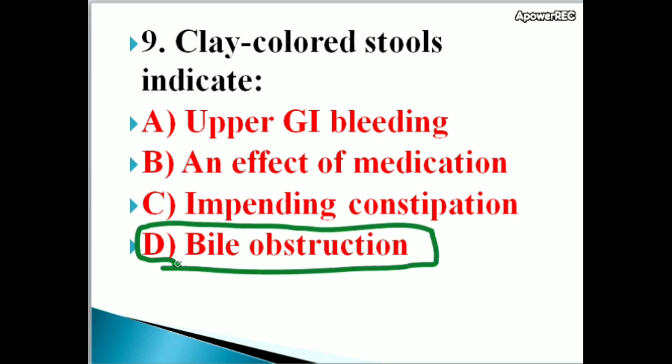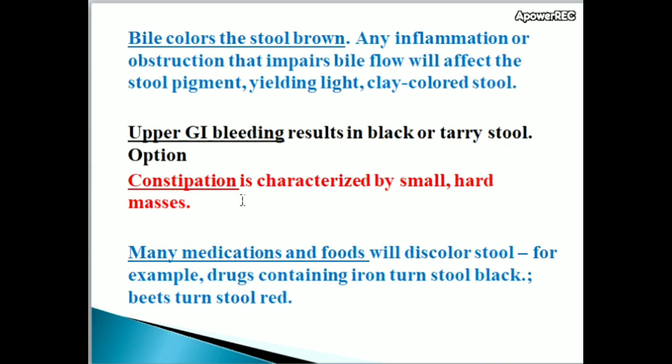Clay-colored stool indicates bile obstruction. Before bile colors the stool brown, any inflammation or obstruction that impairs bile flow will affect the stool pigment, yielding light clay-colored stool. Upper GI bleeding results in black or tarry stool.